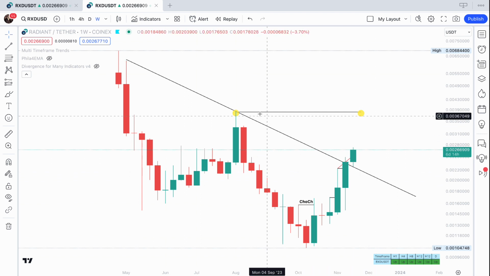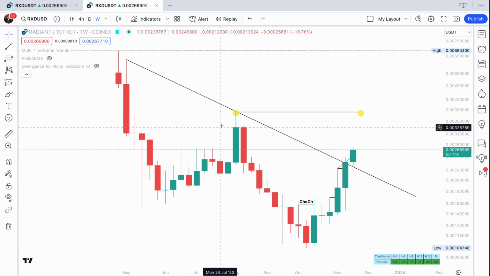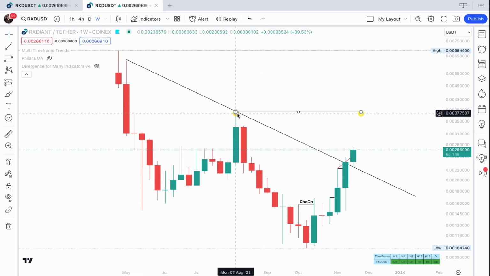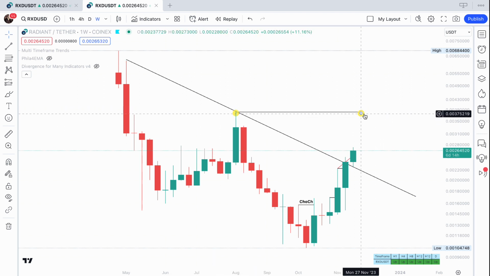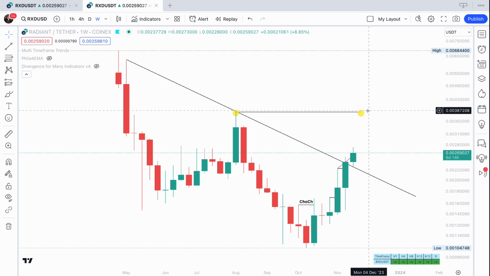Okay? Now, when will I consider this coin to be bullish? You see that it had this lower high. I just pull a trend line, and whenever RXD will close a daily candle above this lower high, then it will be bullish on the large time frame, on the bigger time frame, on the weekly, and this is when I will have more confidence about this coin.